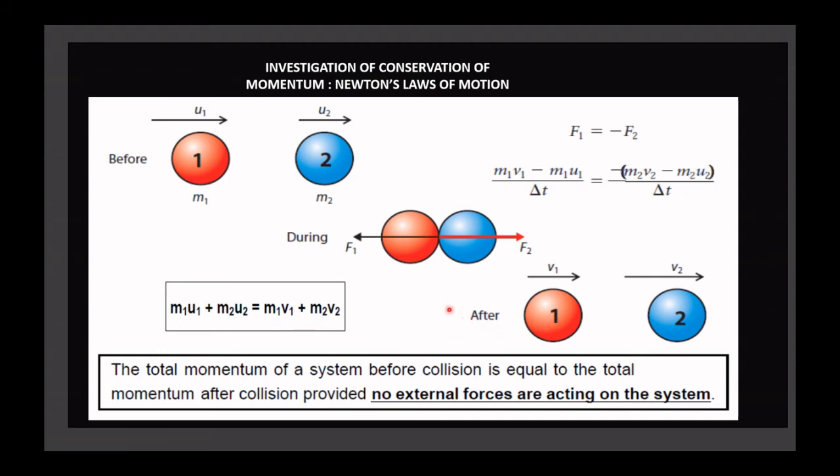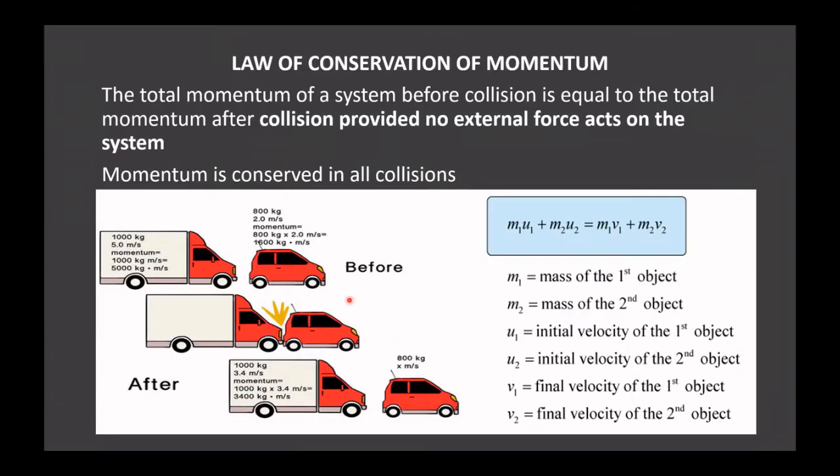So momentum is conserved. Total momentum of a system before collision is equal to total momentum after collision, provided no external forces are acting on the system. And this is what we call the law of conservation of momentum. So in the law of conservation of momentum, the important condition is that no external force acts on the system.